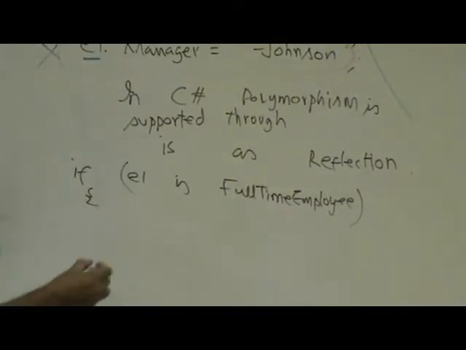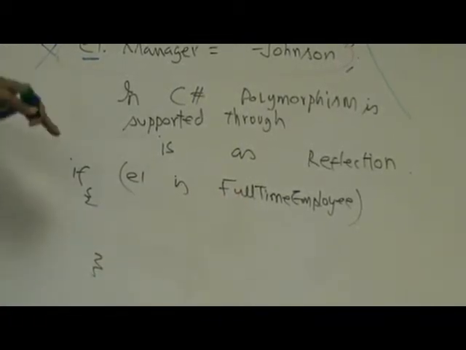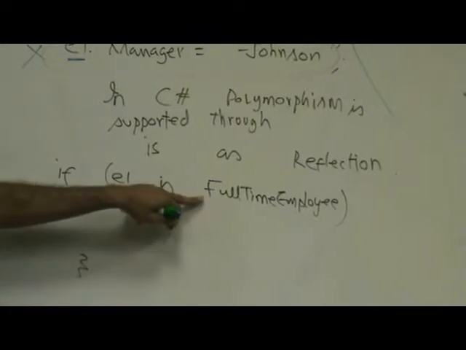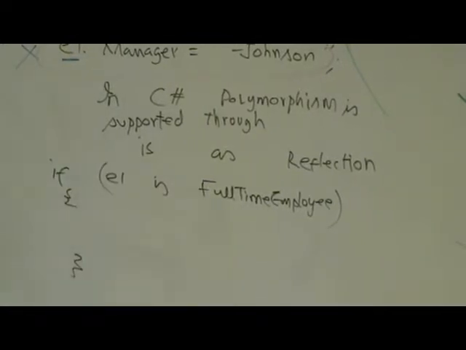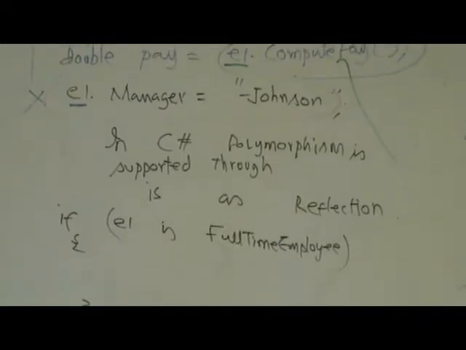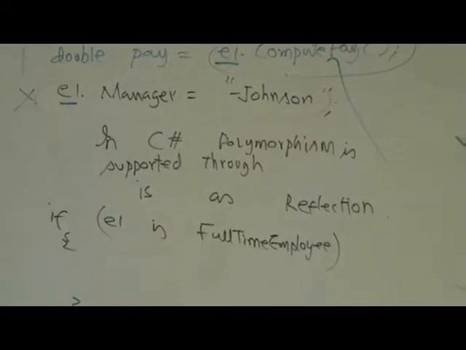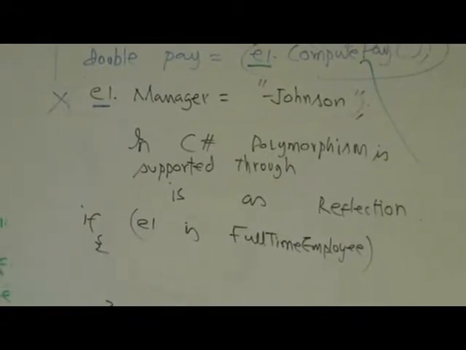Still, we cannot do it even after checking. And by the way, this checking will again take place at runtime, meaning it will start from the reference, go to the actual object, go to the vtable, and the vtable further points to the type info. So this will check the type info to see if it's pointing to the full-time employee.